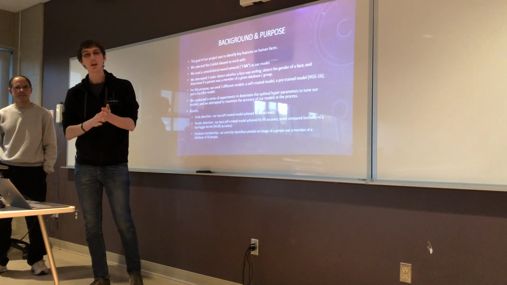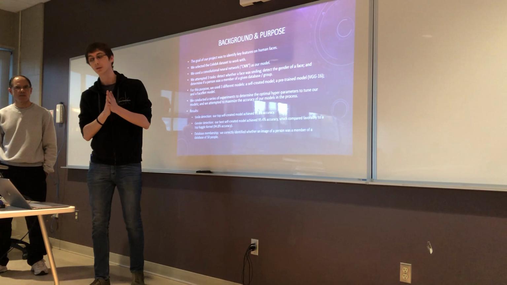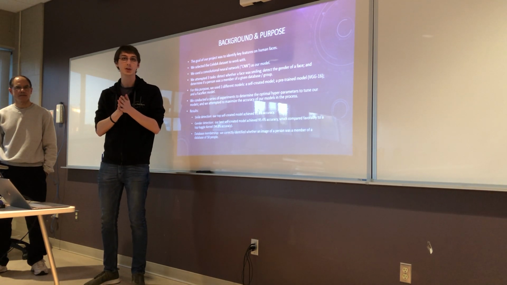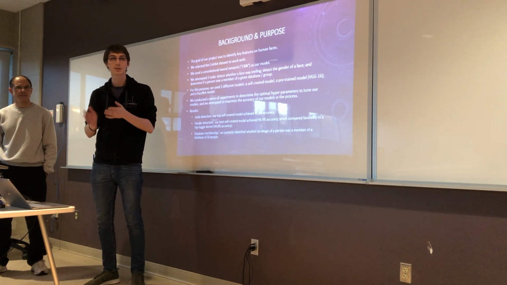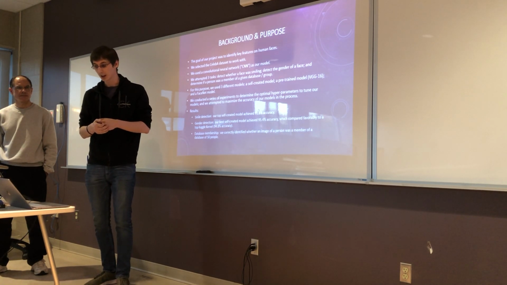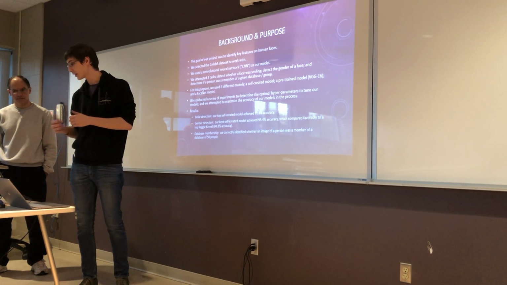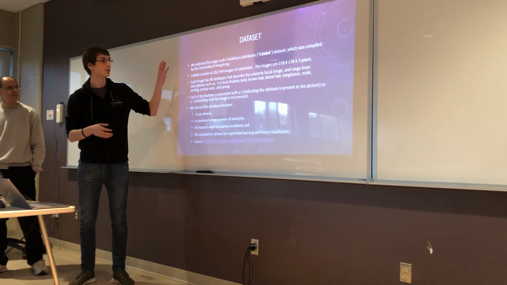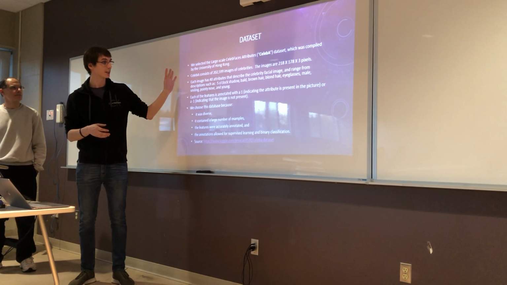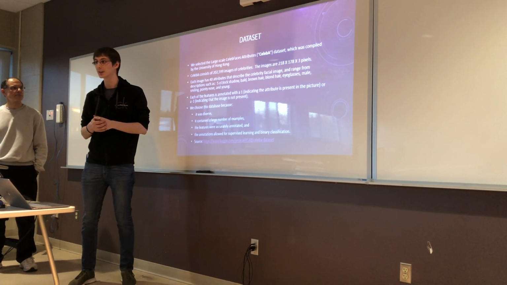Which data set has the gender information also? CelebA. CelebA was the chosen data set, which, because it was so diverse, had different genders, different races, hair colors. Ethnicities and everything? Yeah, it was a really good, diverse data set. As we mentioned, there are around 30 to 40 attributes, in this case 40, in this particular data set.